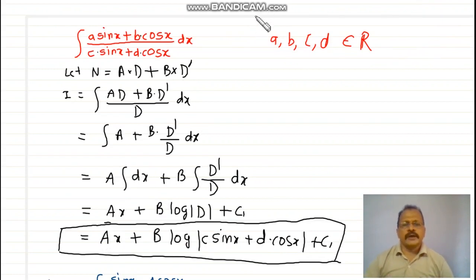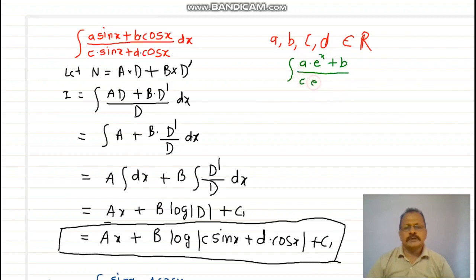You can apply the same method for the integration of the type (a times e raised to x plus b) divided by (c times e raised to x plus d) dx. For this type of integration also the same method is applied, that is, write the numerator as some constant into the denominator plus another constant into the derivative of the denominator.